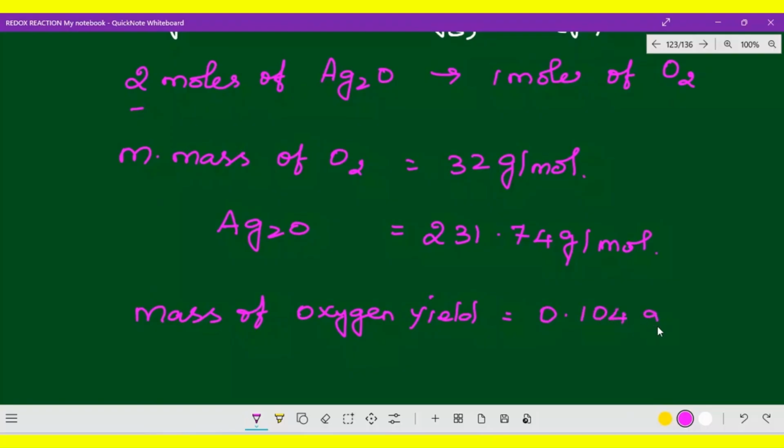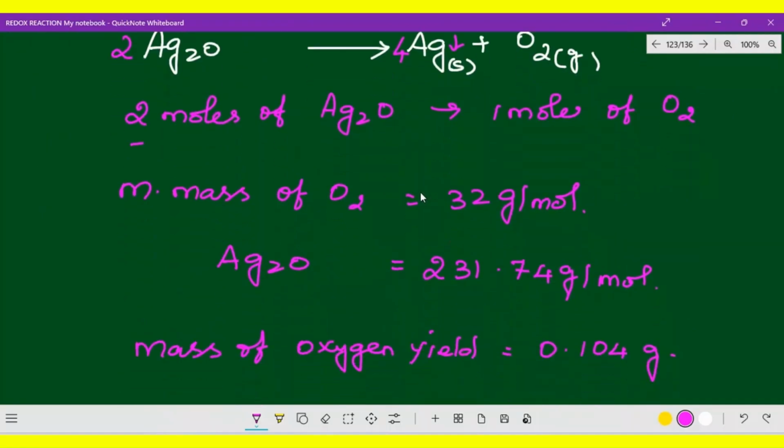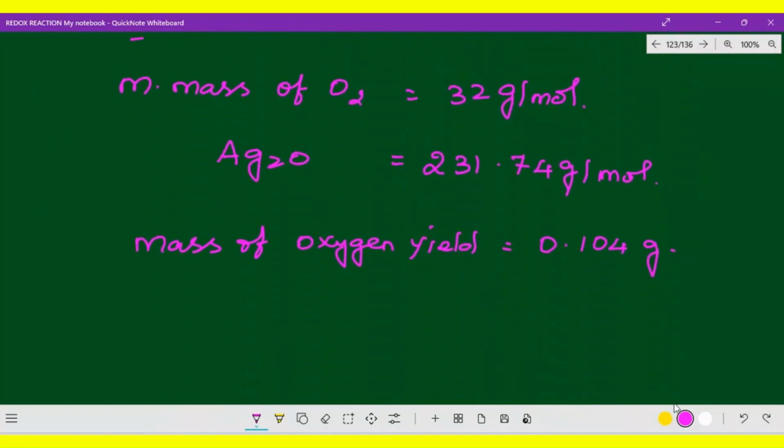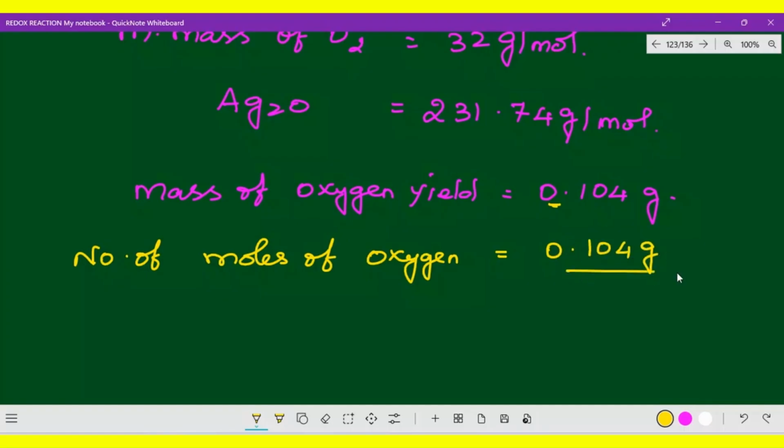So now number of moles of oxygen is given mass by molar mass: 0.104 gram divided by molar mass 32 gram per mole. Here the units will be cancelled.